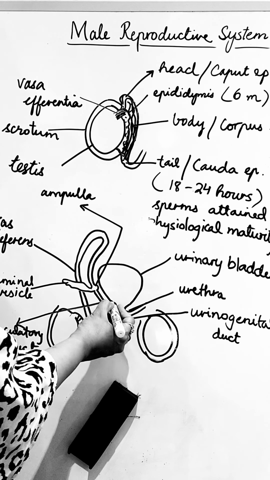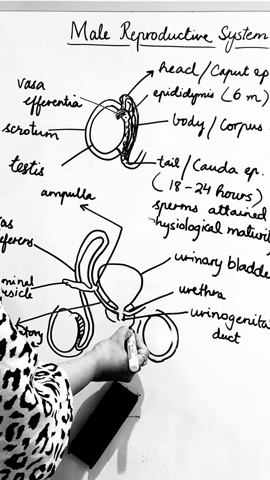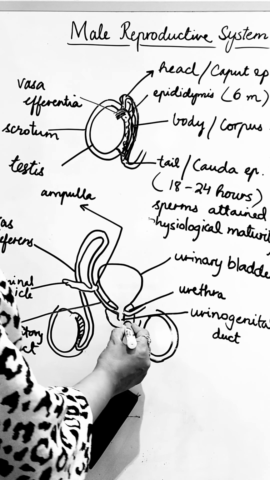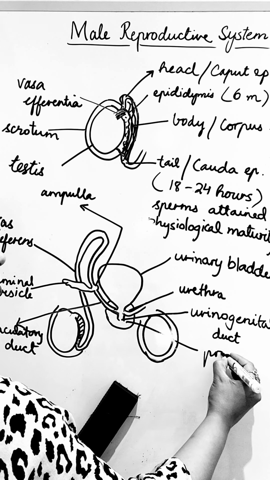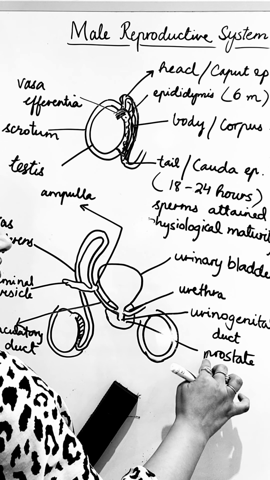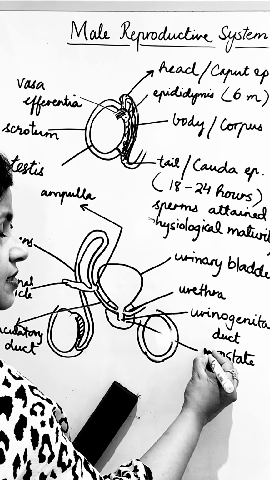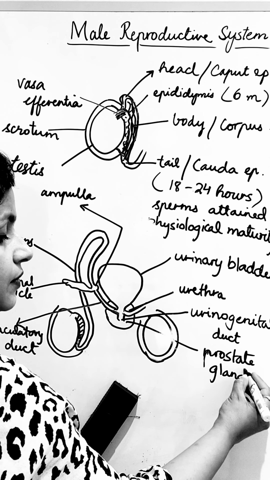Again, there is a walnut-shaped gland present over here, and this gland is called the prostate gland.